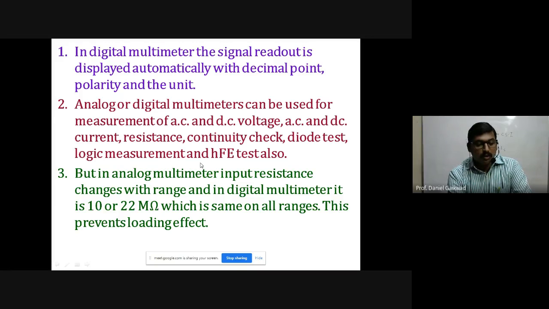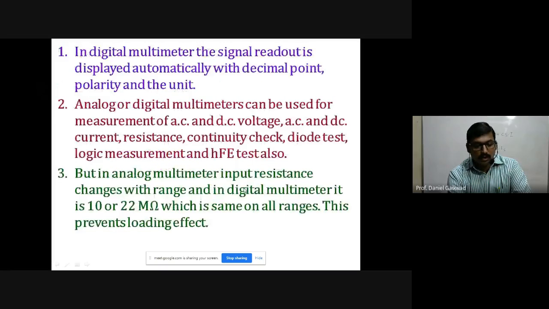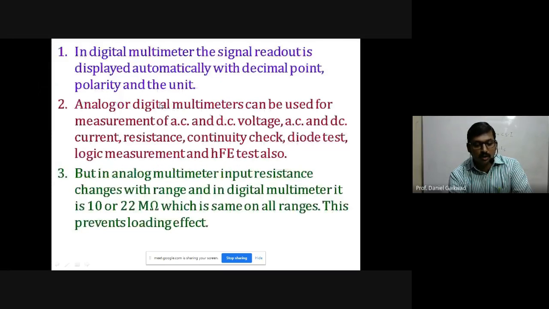Now number fourth: this is the selection of range of resistance in case of an analog meter. Zero ohm adjustment for each range is not necessary in case of a digital multimeter; zero is not required here.